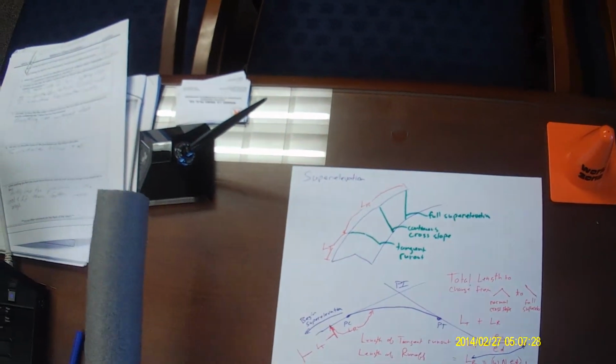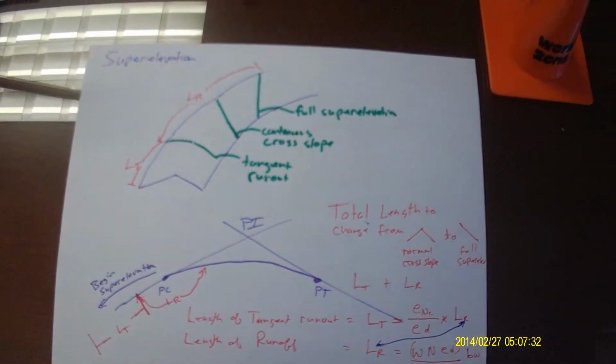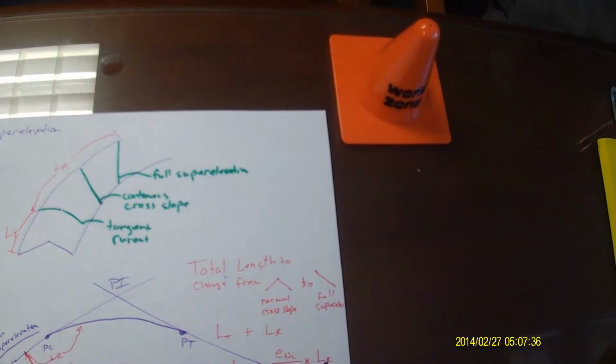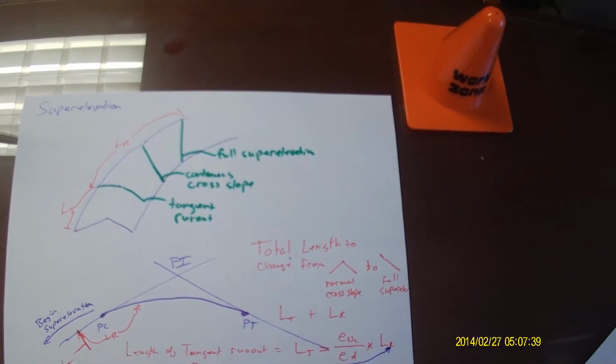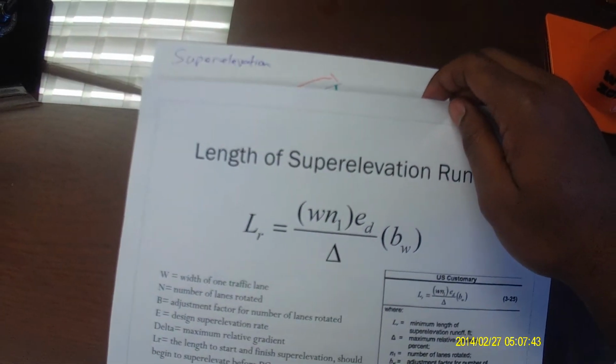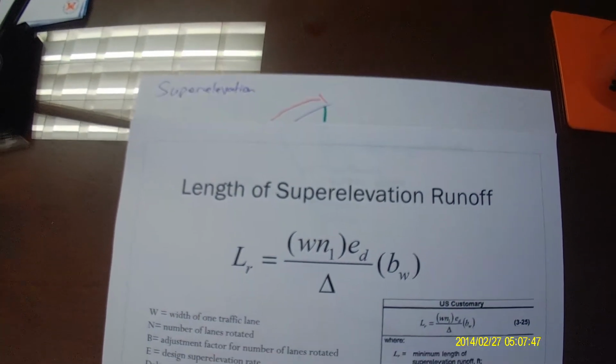Well, the best way to understand something like this is to actually go through an example. But before I go through the example, I want to define a couple more things here. If you turn to your slides, you actually see something that looks like this. The length of superelevation runoff is as follows.